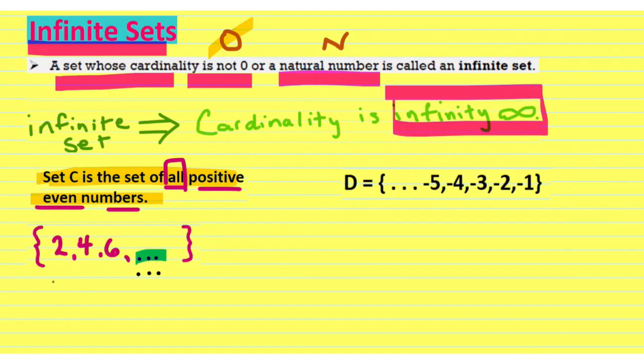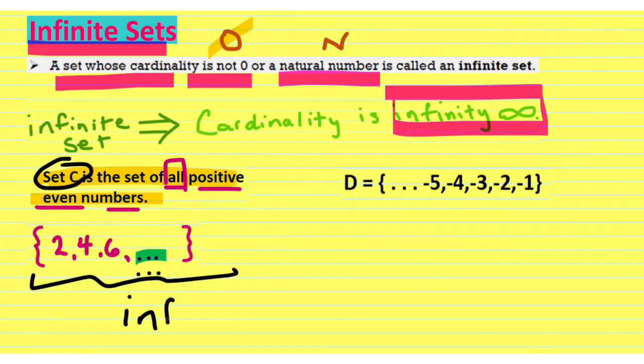And so that means that this set, set C, is an infinite set. It goes on forever. We do not know where the even positive numbers end. It is infinite.